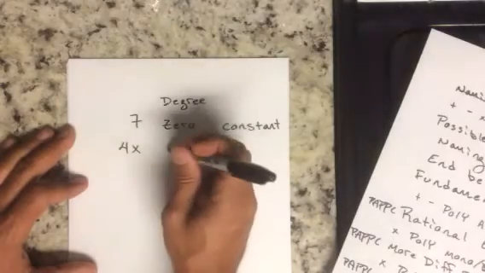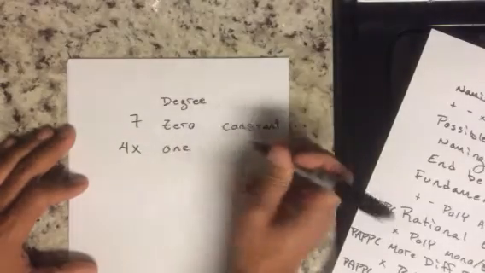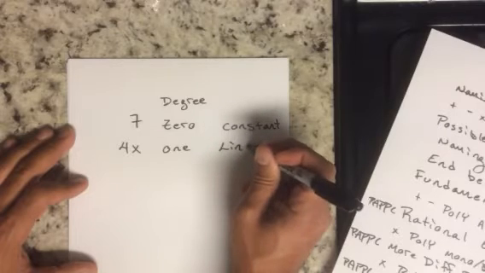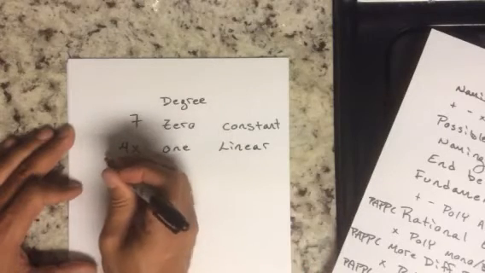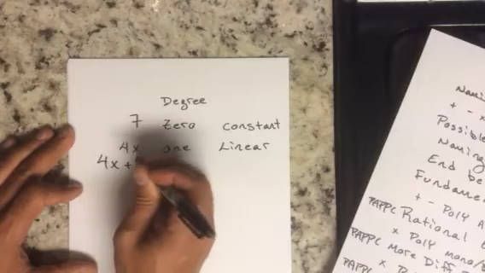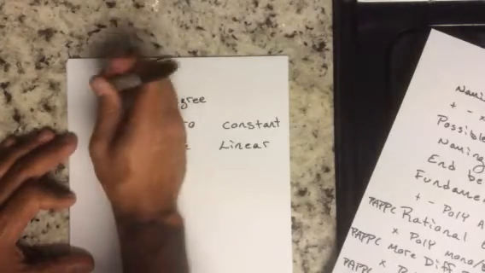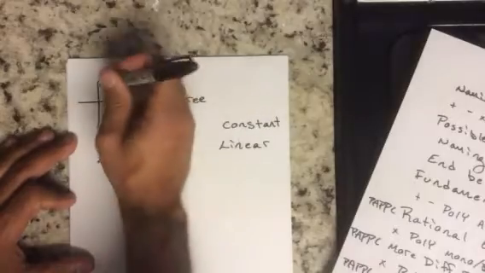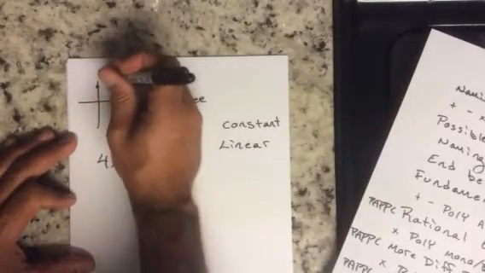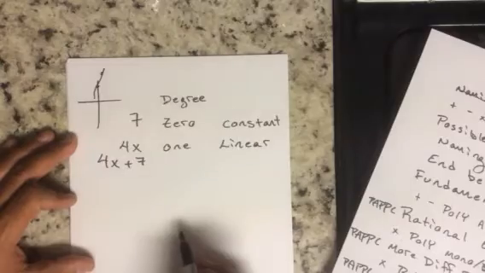So it has an exponent of 1, that's a degree of 1. And that's a linear. And a linear can also look like this, which you guys used to graph in Algebra 1. And you said they're linear equations. I have a y-intercept of 7 and a slope of 4, linear equation. Okay?